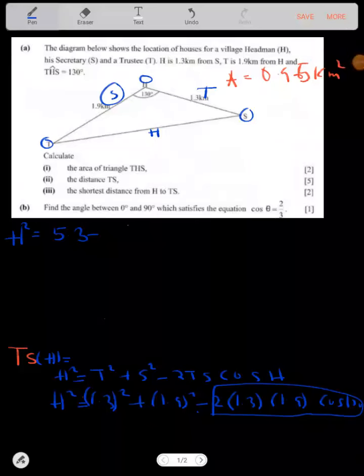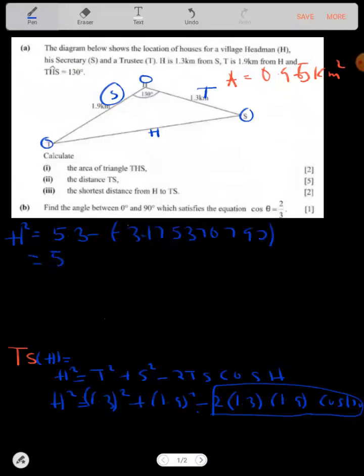We start from cos 130, that's negative 0.64, and you multiply it by 1.9, then by 1.3, then by 2. You're getting negative 3.17537079 and 2. I have the same signs here, so in short we are going to add.